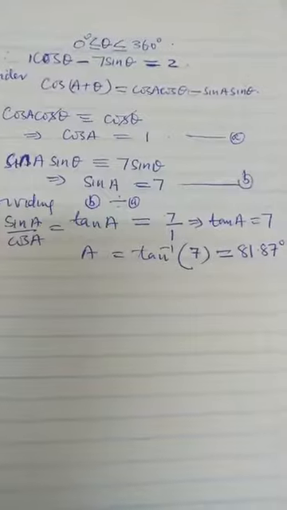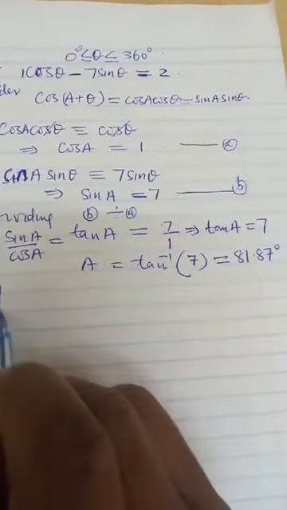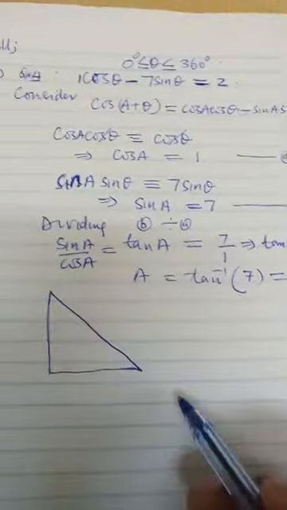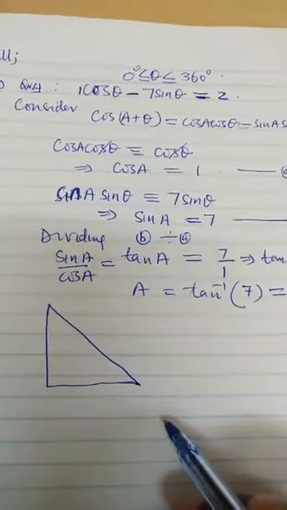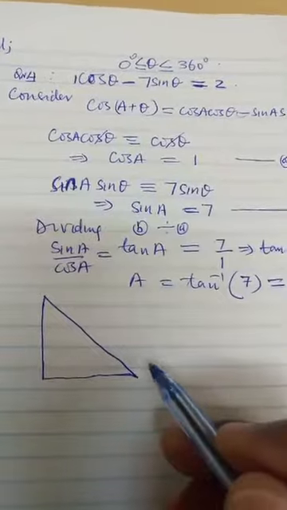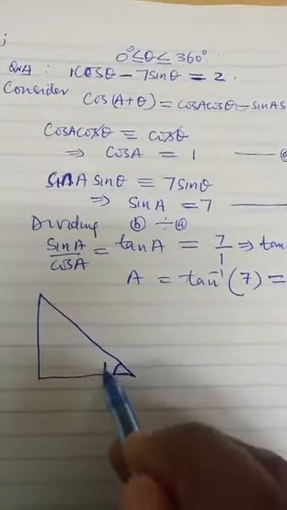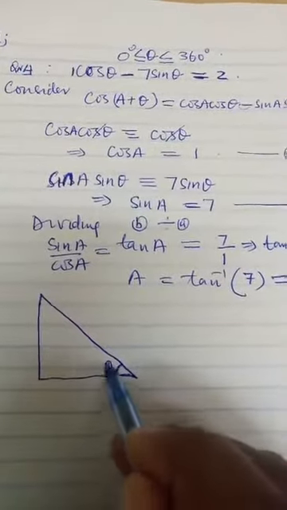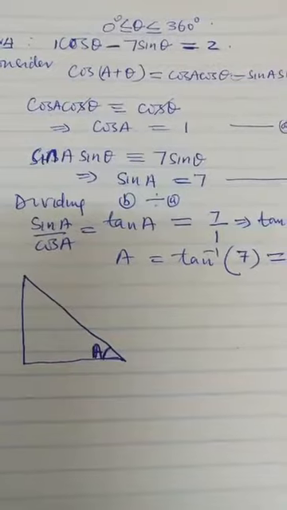So after getting a value of A, we need to also look at if our cos of A is equal to 1 and our sine of A is equal to 7. It means that if this is A, cos is adjacent over hypotenuse.